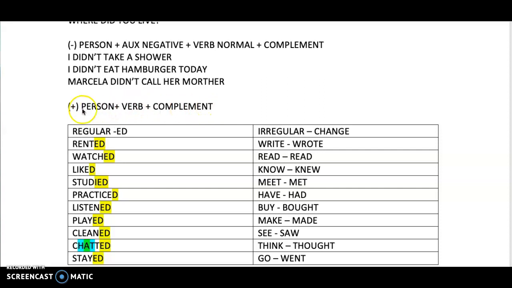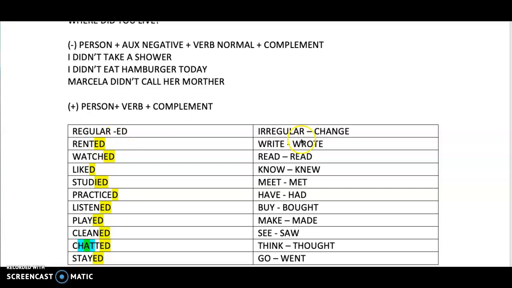But because this sentence doesn't have the auxiliary, the verb changes. We have two types of verbs, the regular and the irregular. For the regular verbs, when the verb finishes, you add ed. For example, rented.